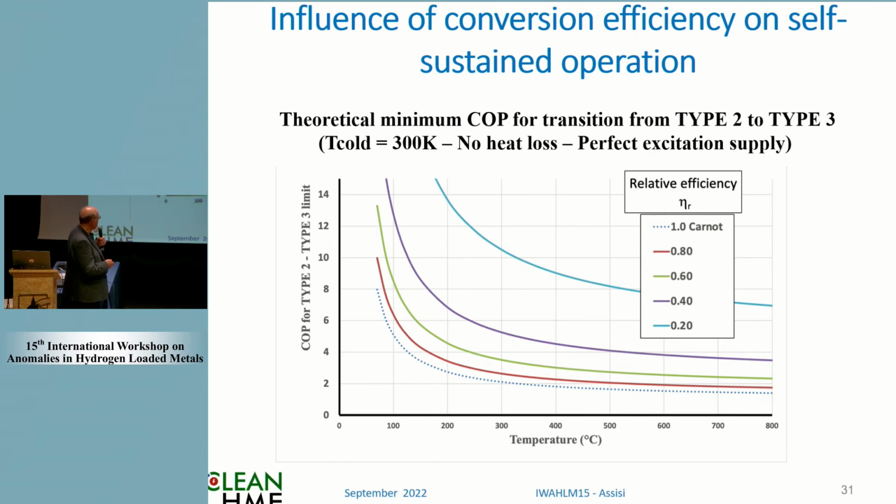So for very good converters, indeed, a COP of 3, 4 at 300 degrees, 400 degrees may be enough. Now, if you want to use thermoelectric converters, you need much higher COPs before making it run on its own.